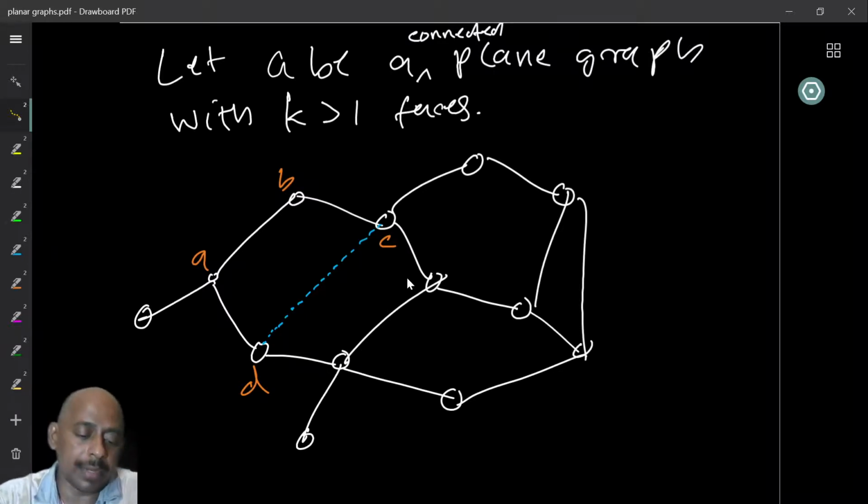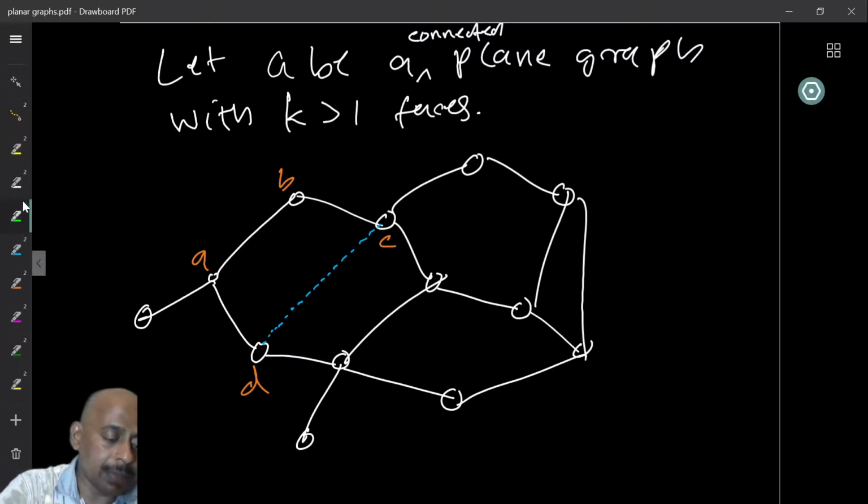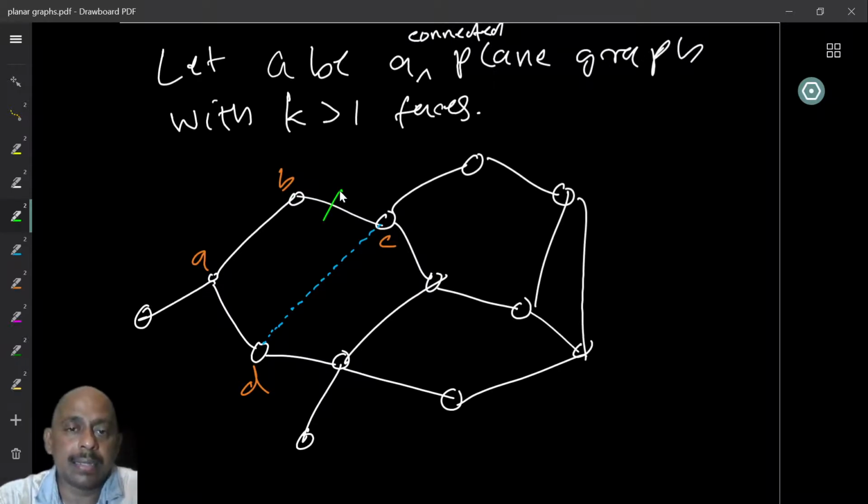That is what you should see. No matter which edge it is, if it is in the boundary of a cycle of the face, then that edge belongs to exactly 2 faces: one of the internal faces, and the external face in this case. And if you take, for example, the other edge, this one, then it separates 2 regions.